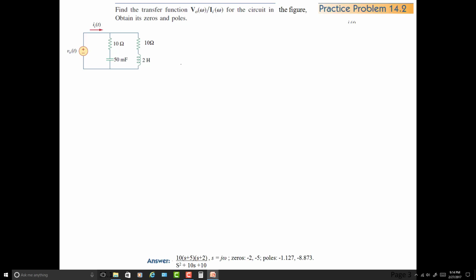Easiest might be to say, well, V0 occurs across both of these, right? And what are we going to be going for? The output voltage as a function of the input current. We need to identify where is that output voltage.